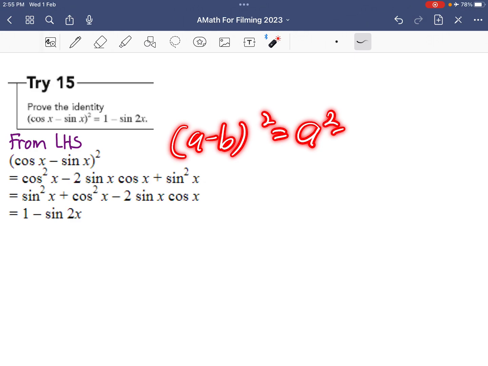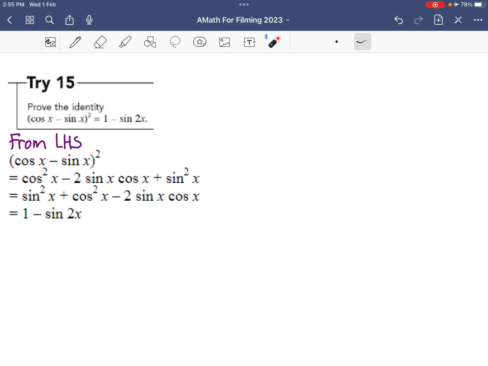So I just apply (a minus b) squared is a squared minus 2ab plus b squared. Then what I do here is group cos squared x and sin squared x together, and minus 2 sin x cosine x, I leave it there.